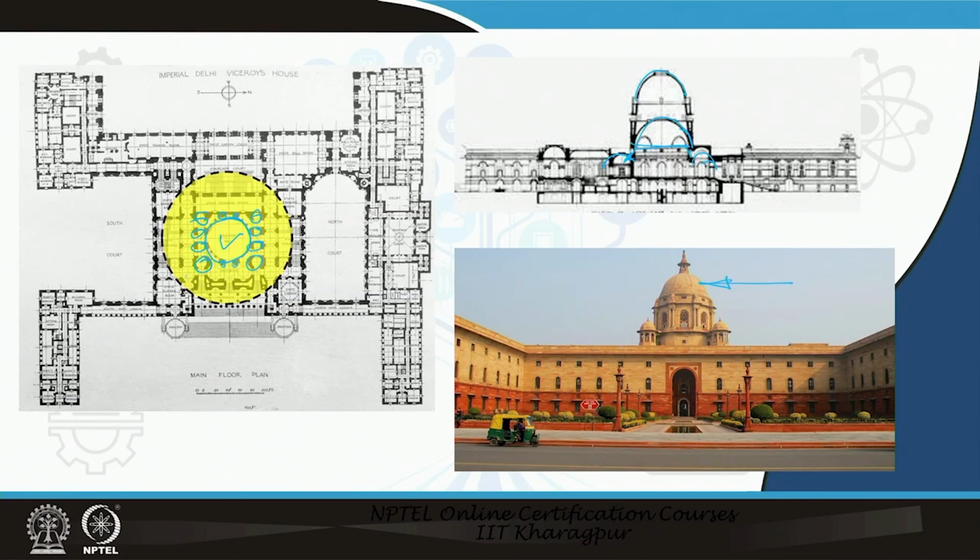Those associated structural footprints are taking care of neutralizing the horizontal thrust or the line of thrust actions also. So, those were created in those days, and this is one of the famous structures in Lutyens' Delhi.